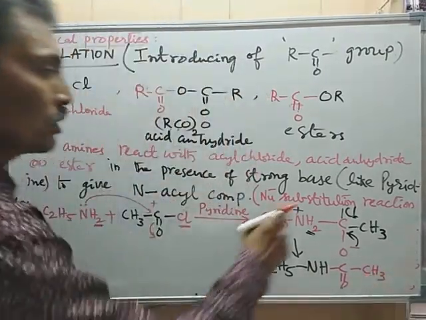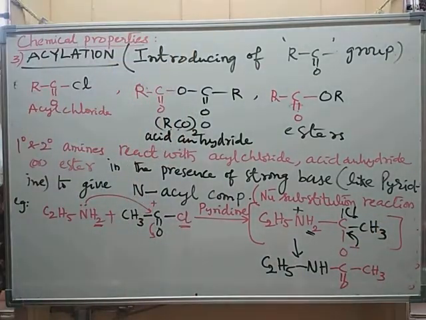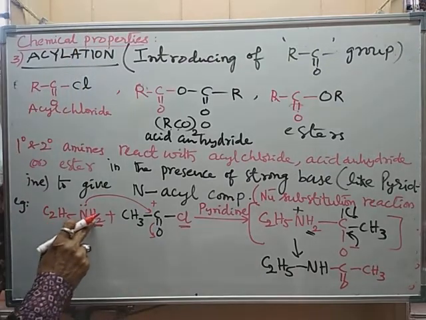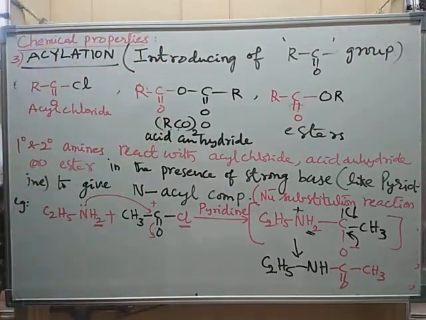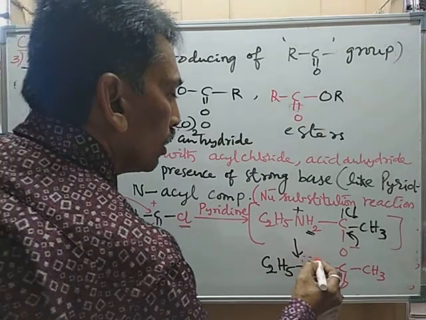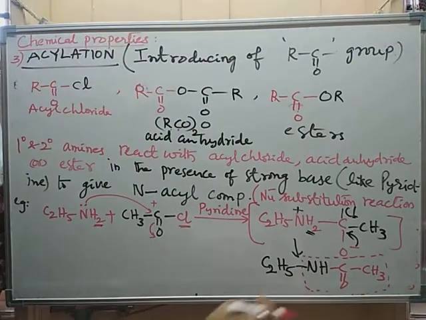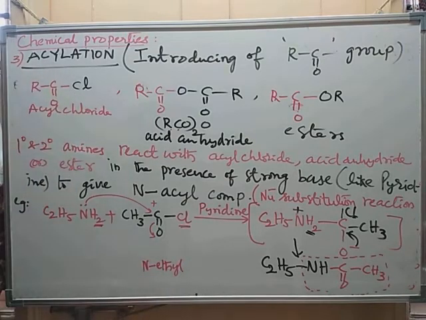What is a simple method? Without this intermediate: C2H5 NH2 becomes NH, and the COCH3 group is added. What is the name of the product? This is taken as the parent compound and the name is given intelligently. On the N atom C2H5 is present, so the name is N-ethyl ethanamide, or acetamide.